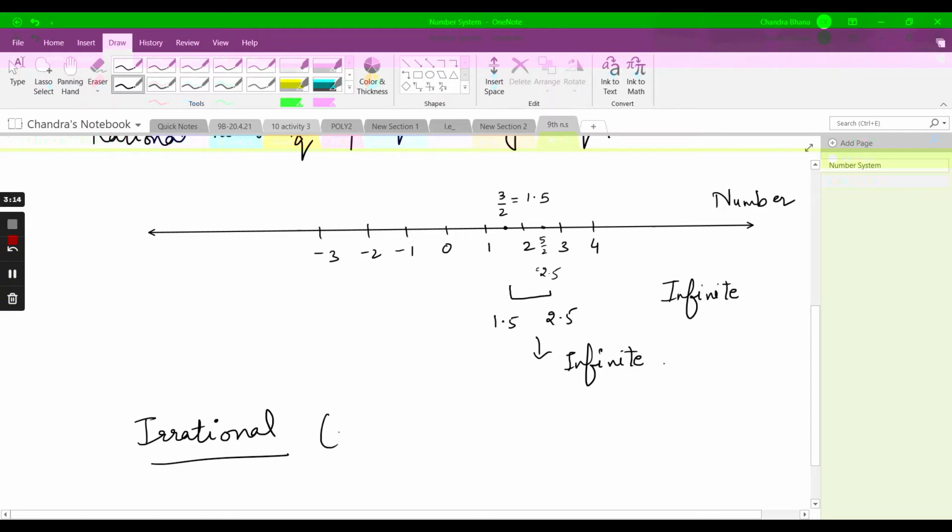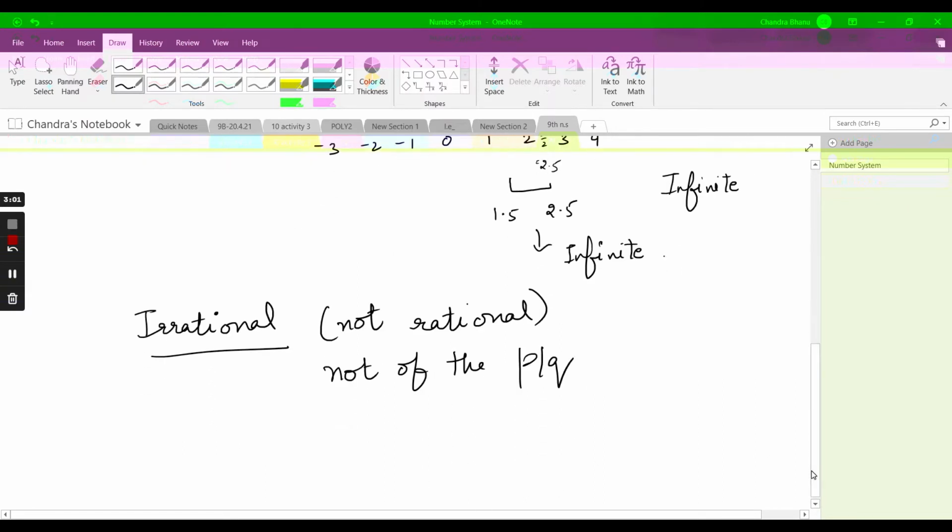Something which is not rational is irrational. They are not of the form p by q. Then what is their form? They are generally written in the root form. The numbers in the square root form are called irrational numbers.